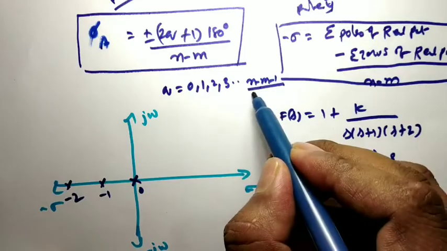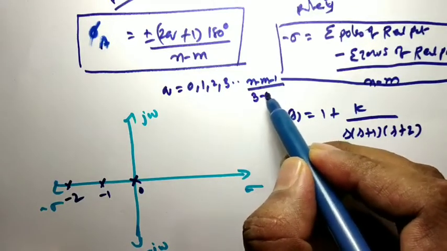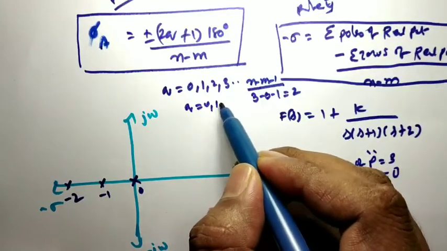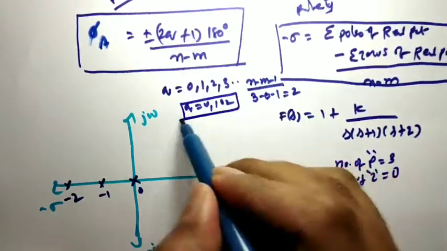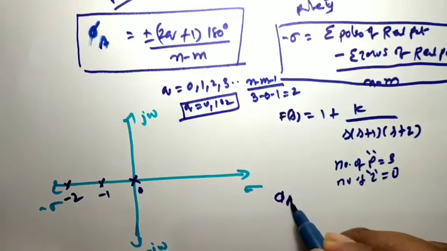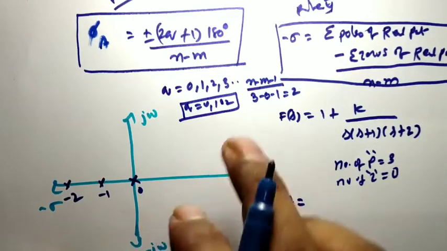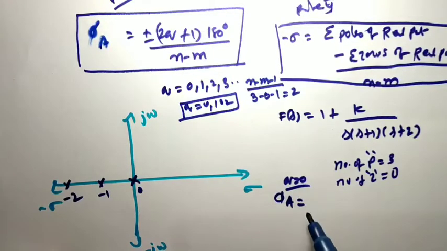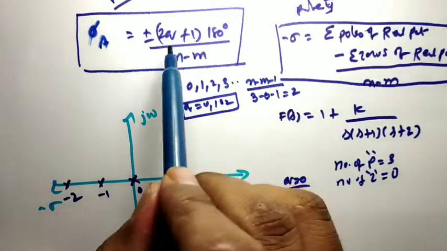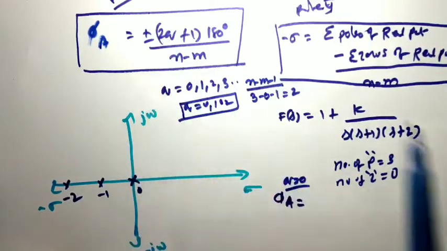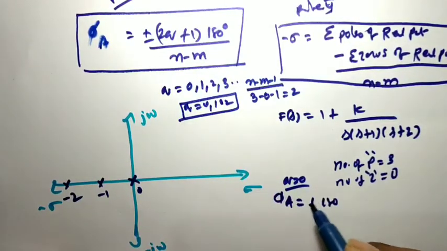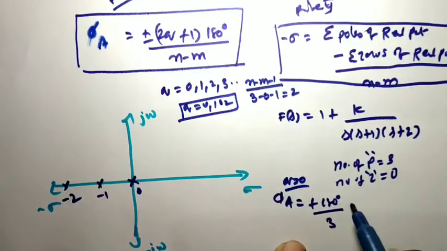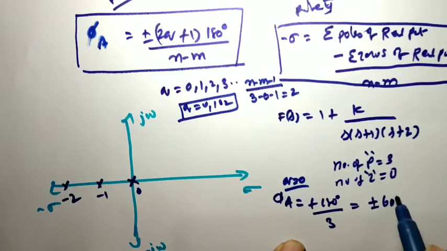So n minus m is 3 minus 0, which is 3, and n minus m minus 1 is 2. So your q values are 0, 1 and 2. You have to find the angle of asymptotes for q is equal to 0. Substituting q is equal to 0, what do you get? Plus or minus 180 divided by n minus m, which is 3, so you will get plus or minus 60.